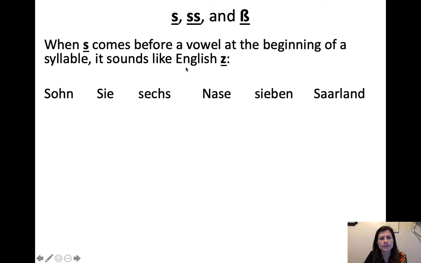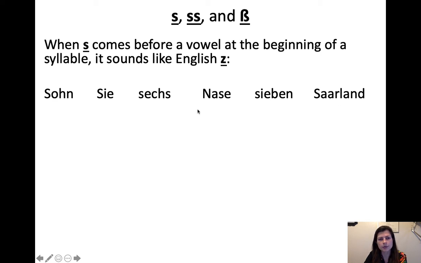And then the S's. When the S comes before a vowel at the beginning of a syllable, it actually sounds like English Z. It's the voiced version. So Sohn, Sie, sechs, Nase, sieben, Saarland.